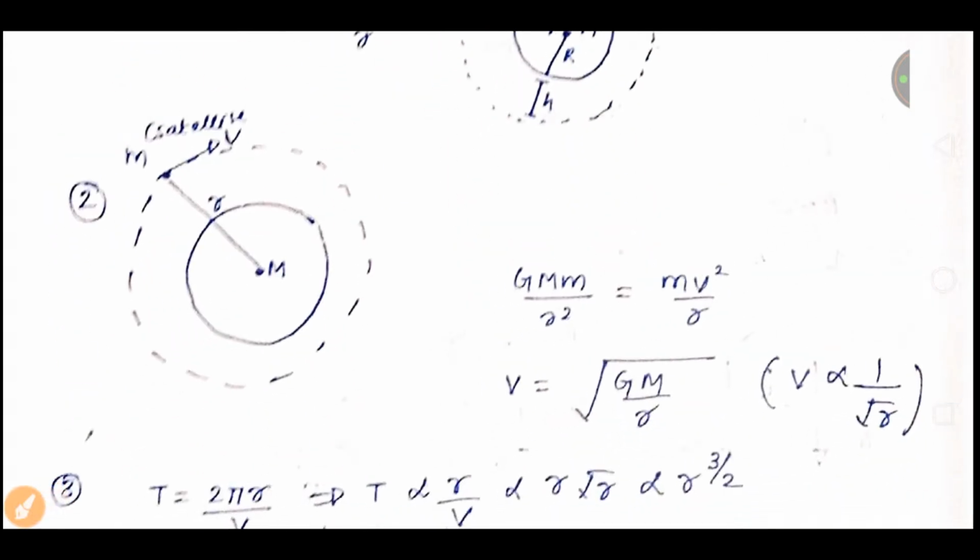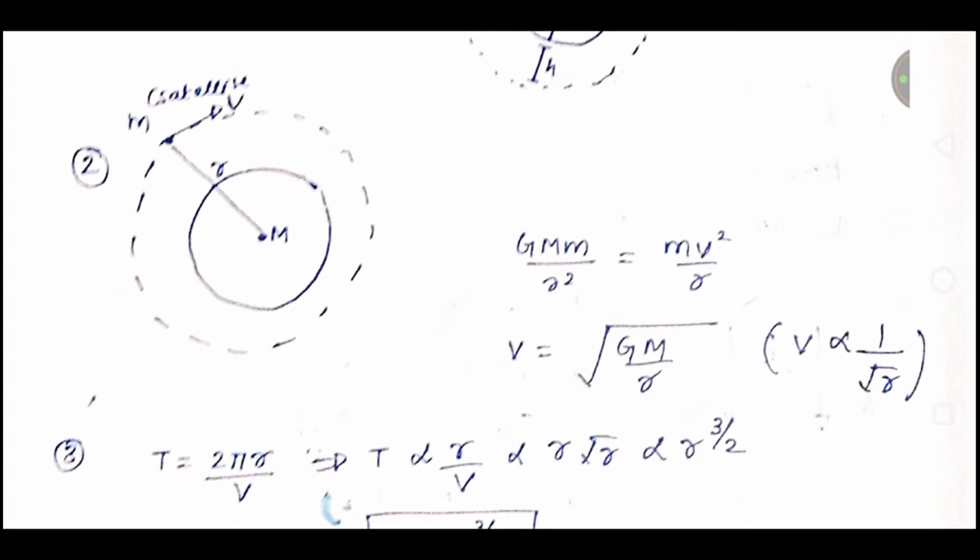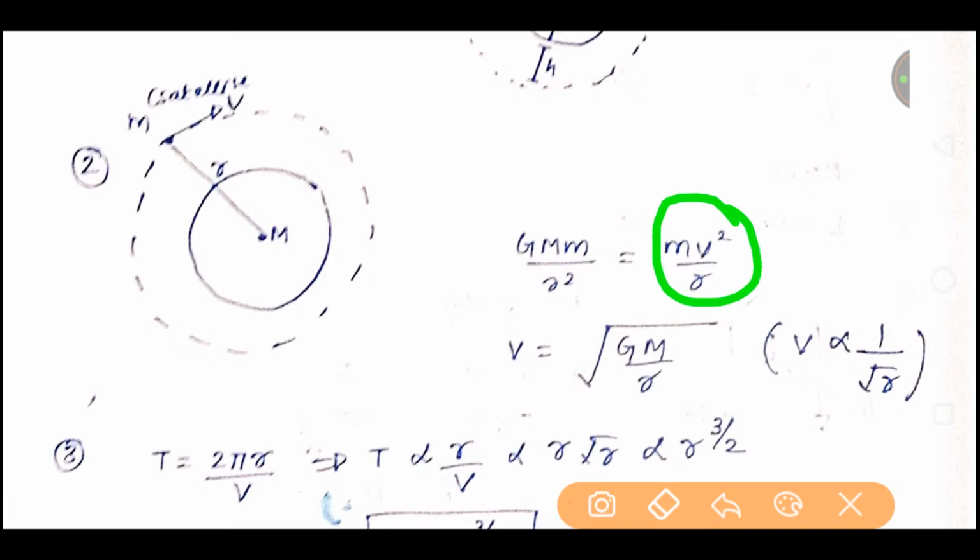Next, same satellite sum again, but in a different approach. The satellite is moving with velocity v, so you know that the centripetal force is provided by the force of attraction. So m v square by r is equal to G M m by r square, so v is root of G M by r.